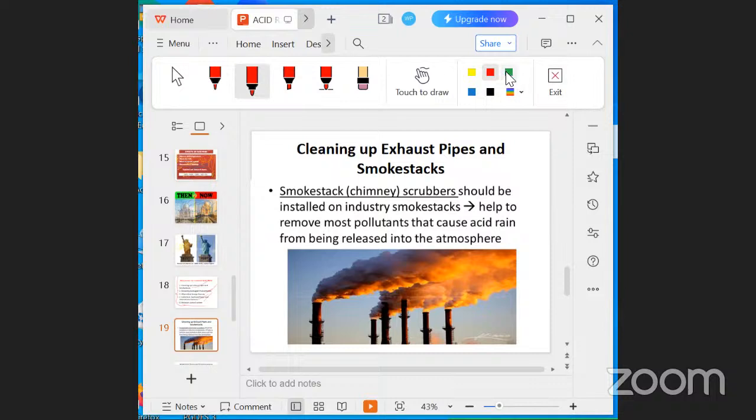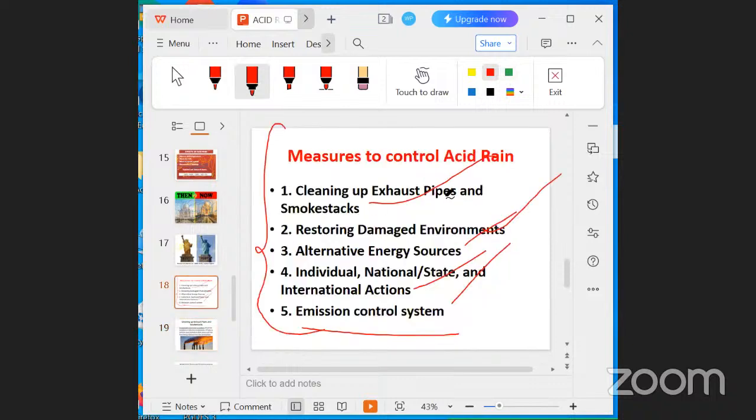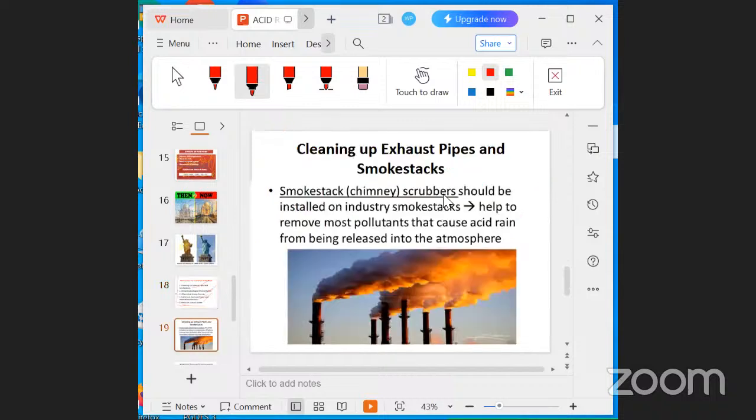Okay, right. First one is cleaning up exhaust pipes and smoke stacks.